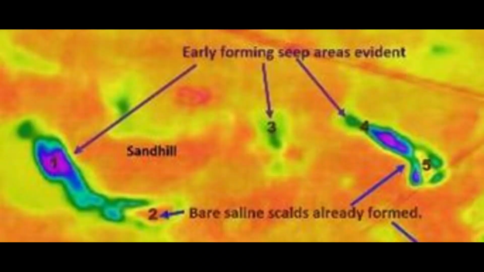The other thing is that we can use things like NDVI imaging, and there's some links to how you do that. But that can show you, when you look at areas that are staying greener for longer through October and November because of the perched water table, that can help.